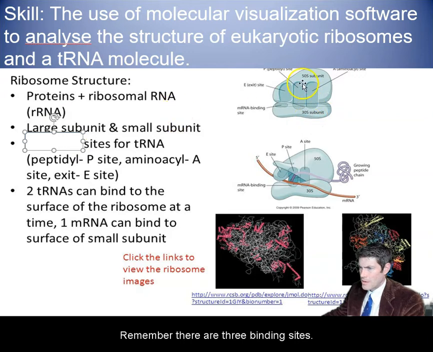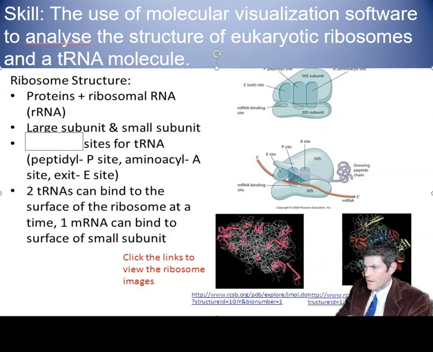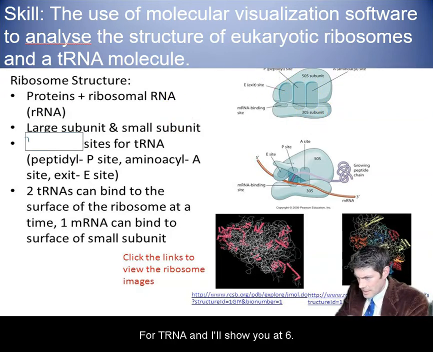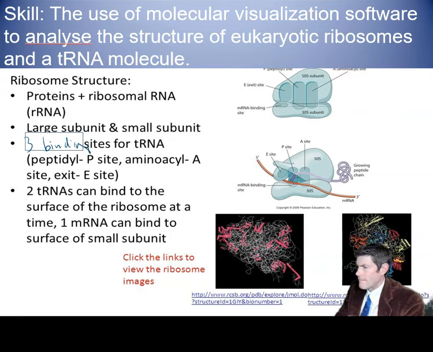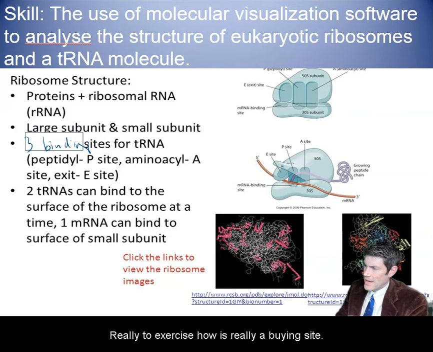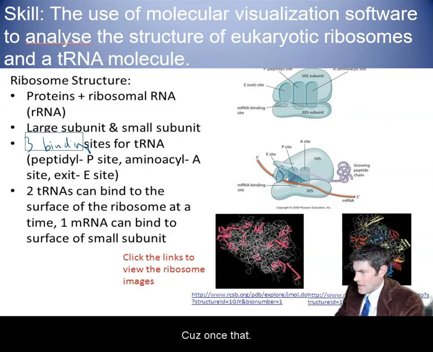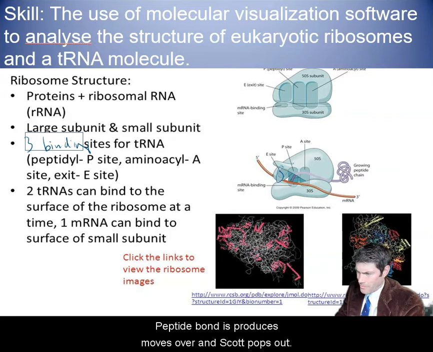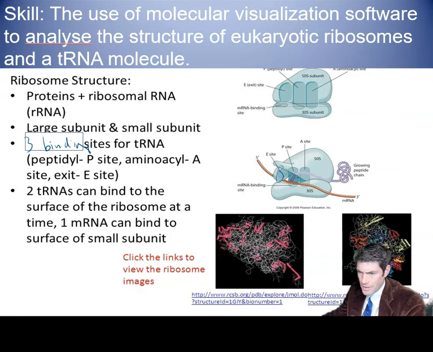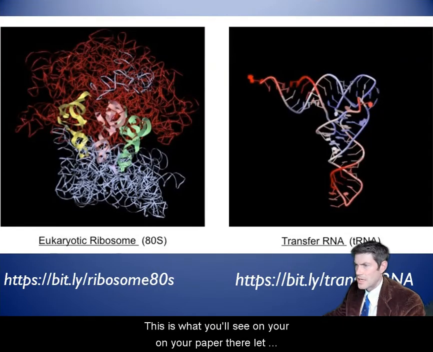Remember, there are 3 binding sites for tRNA, and I'll show you that in a second. Really 2 binding sites and an exit site, because once that peptide bond is produced, it moves over and kind of pops out. So this is what you'll see on your paper there.